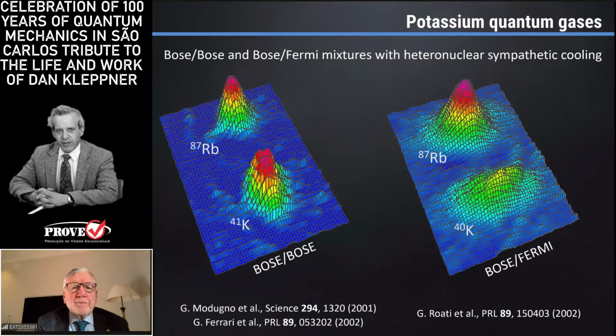And so to have, for instance, a Bose mixture when we were using one of the bosonic isotopes of potassium, but also we were able to create a Fermi degeneracy, using potassium 40, which is a fermion, and potassium 40 was brought to degeneration also with sympathetic cooling with rubidium.